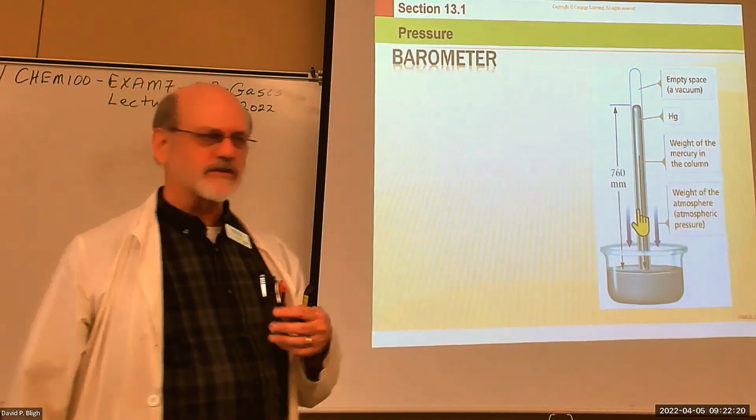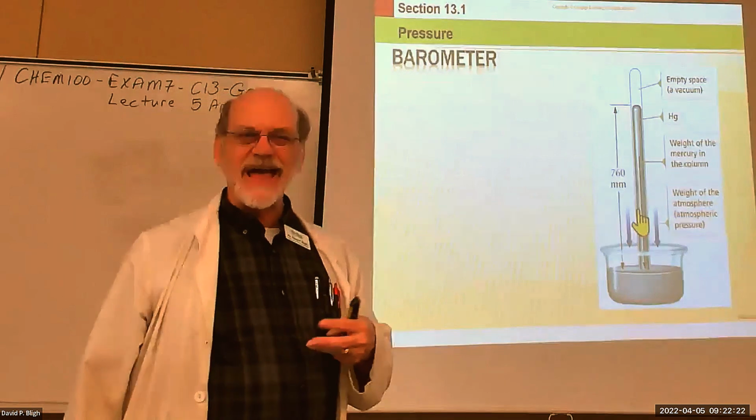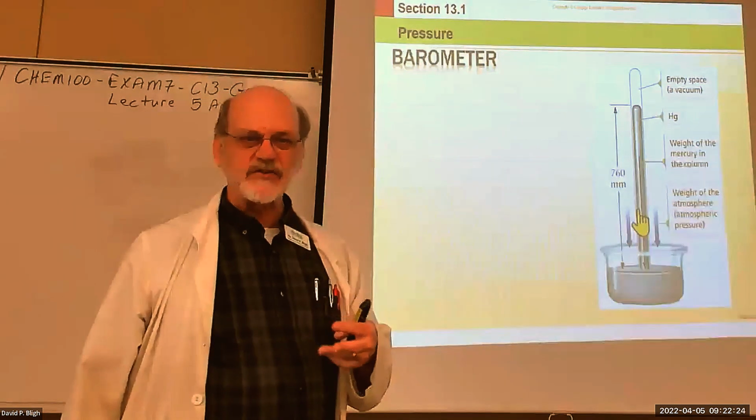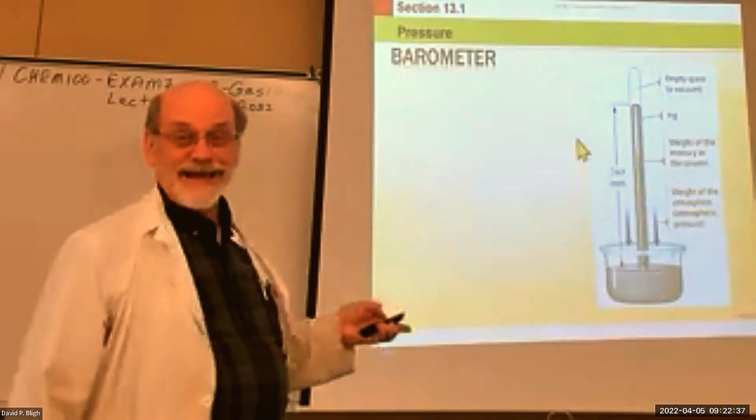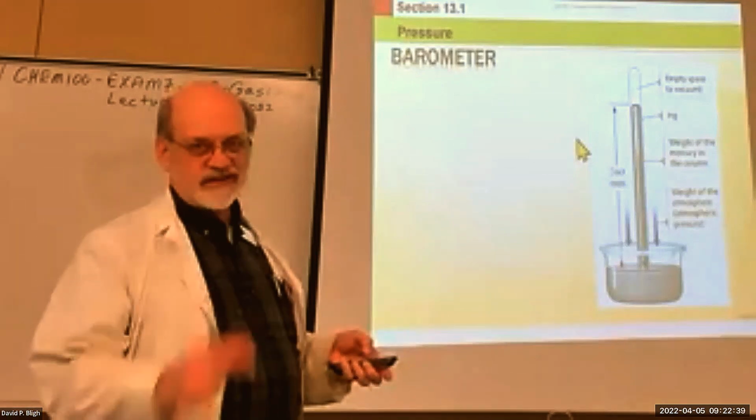We had technicians, master craftsmen who could make things out of glass, and they were very good at it. They could make these tubes here, glass tubes of uniform diameter and straight as an arrow.